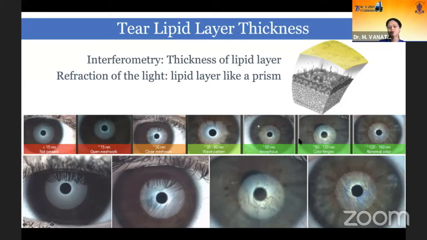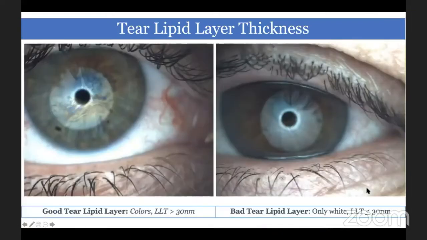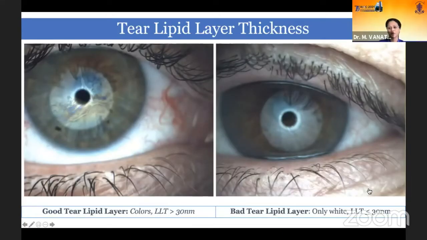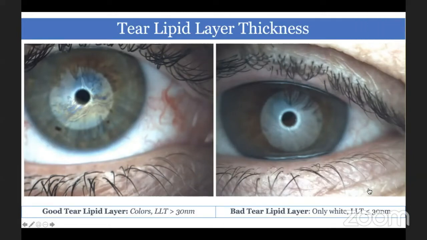And as your lipid film is healthier, that produces a colored birefringence imaging on the central disc, and you will be able to see this particular pattern, which gives you an idea how healthy your tear film lipid layer is.